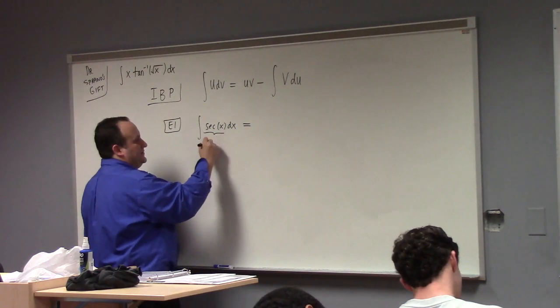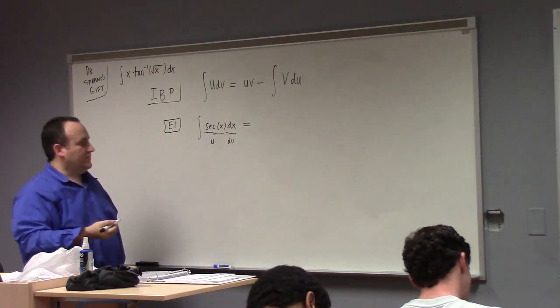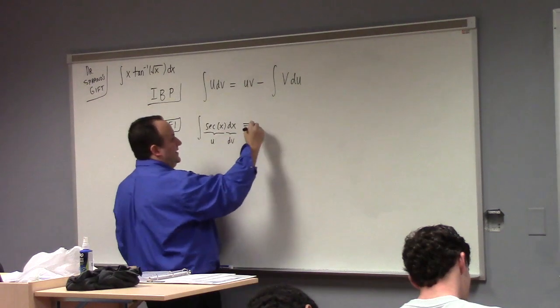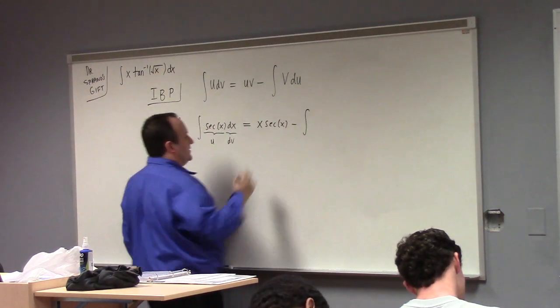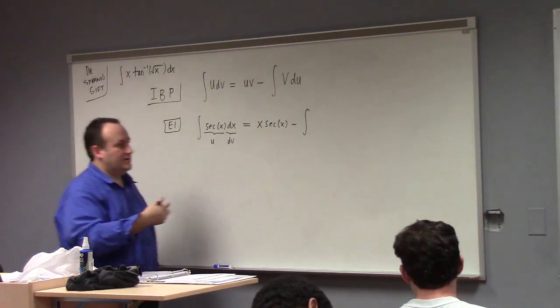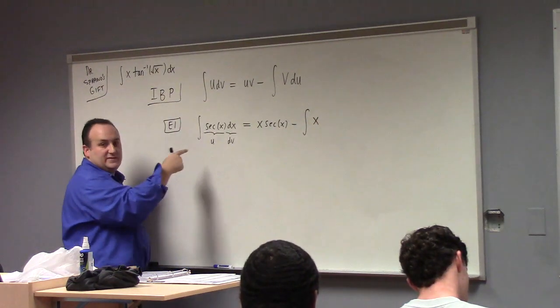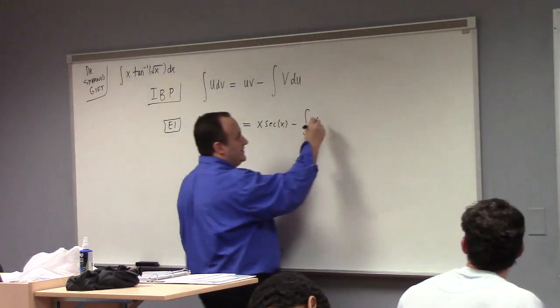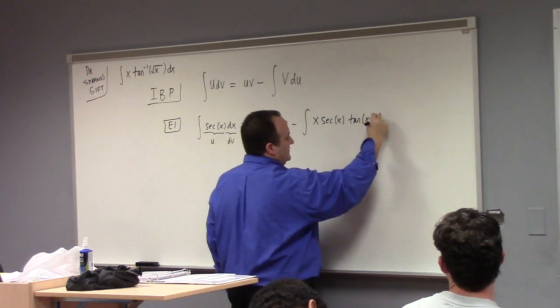If we make this my u and this my dv, what's v? Well, v is x, right? So I get x secant x minus the integral of v du. What's my du? What's the derivative of secant? It's secant tangent. So I have secant x tangent x dx.